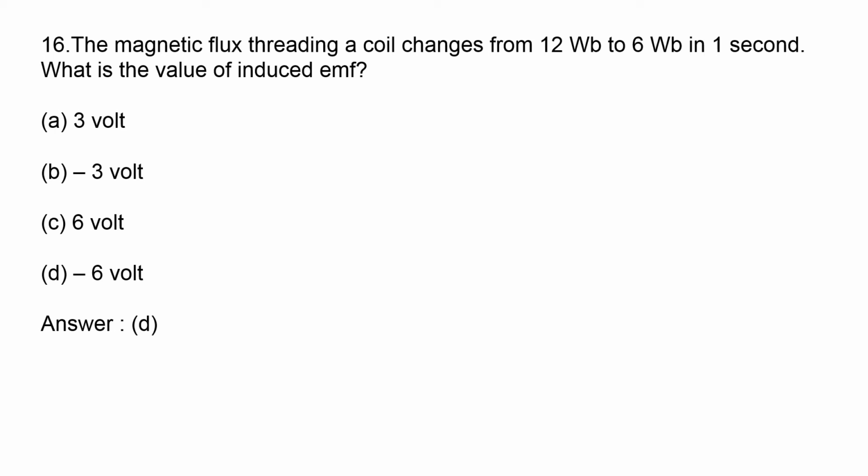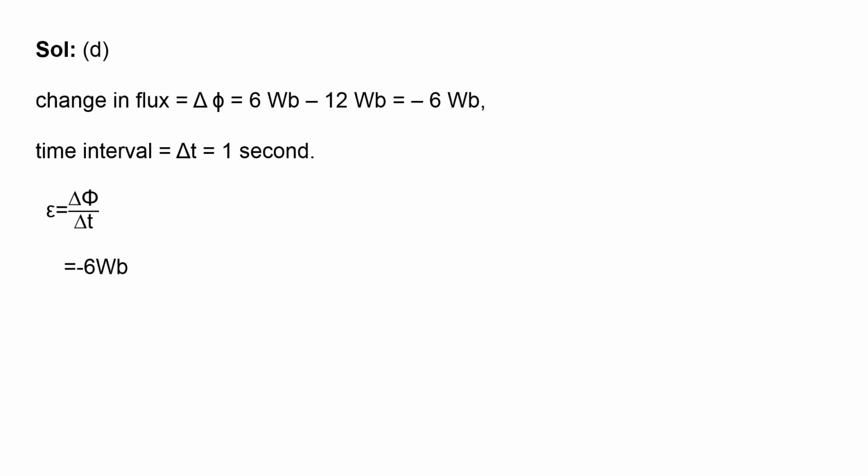Here d phi by dt means change in flux, delta phi, that is equal to final flux, that is 6, and initial is 12, so 6 minus 12 gives minus 6 Weber.